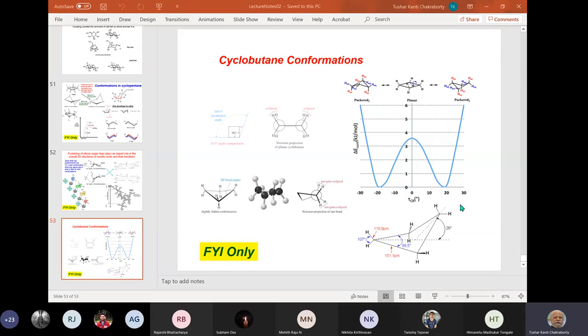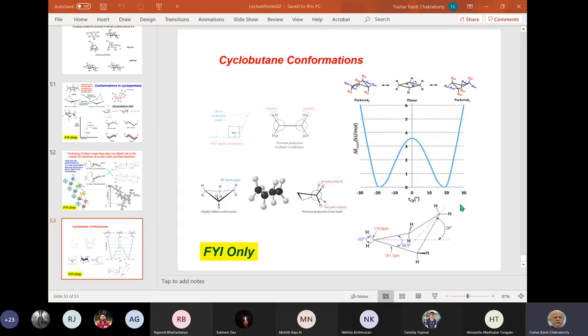Then we learned a little bit about the physical properties. One of the most important physical properties of a chiral molecule is optical rotation. If it is a meso compound, or a racemic mixture, or if they don't have any chiral center, they will show optical rotation of 0. But chiral molecules show some optical rotation, and you can calculate the specific rotation by dividing the observed rotation by the concentration and the length of the cell and so on.